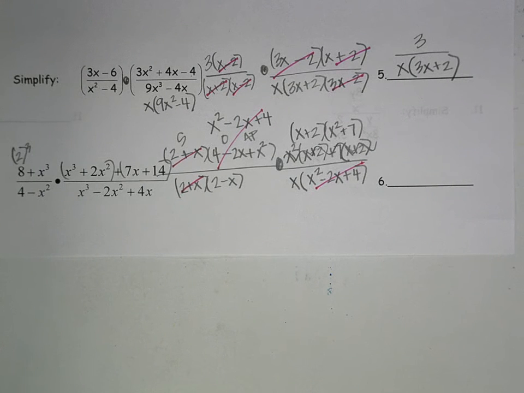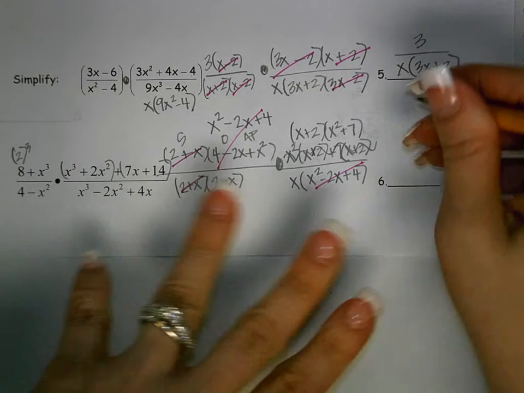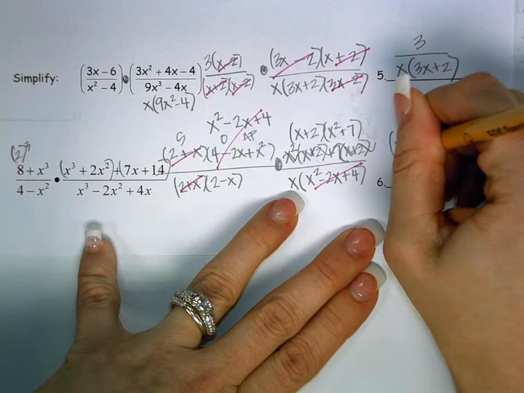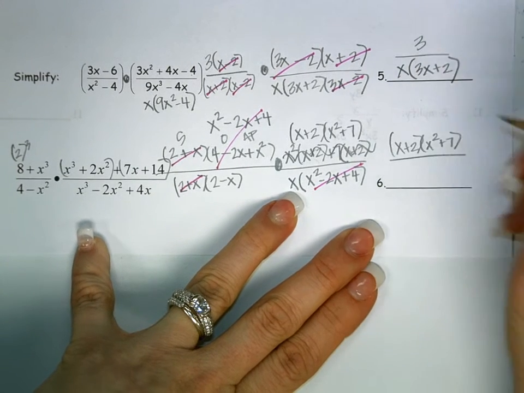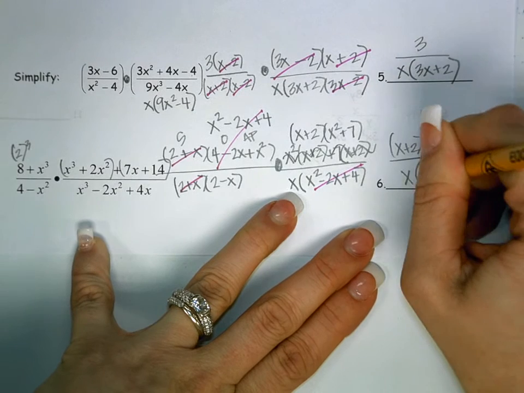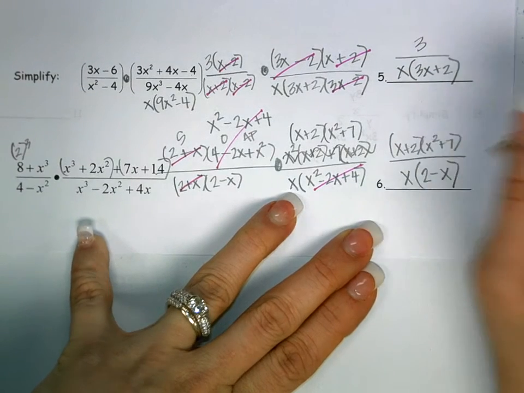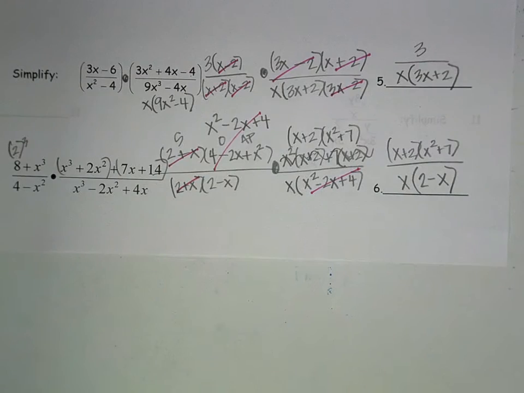No, nothing else reduces. Okay, so you end up with x plus 2 times x squared plus 7 over x times 2 minus x. That one's difficult, for sure. That one is long, yep, lots and lots and lots of factoring.